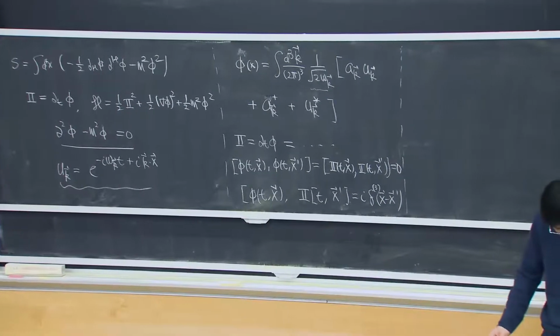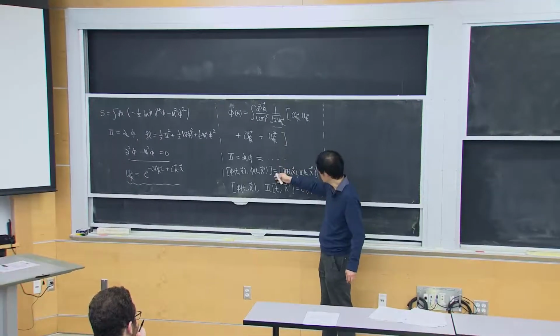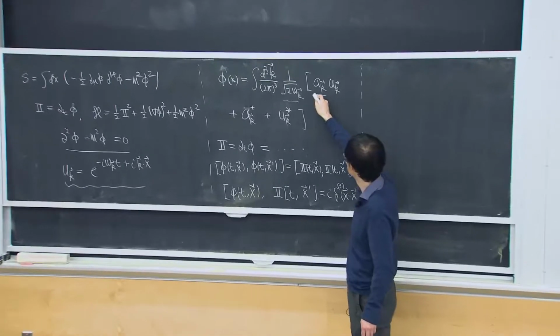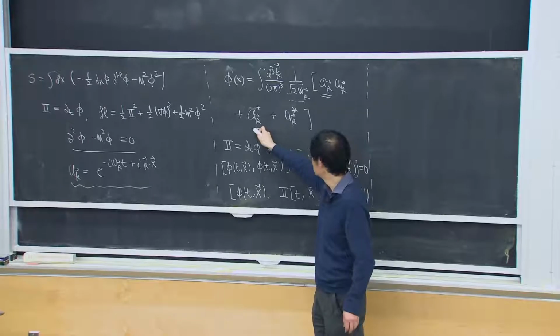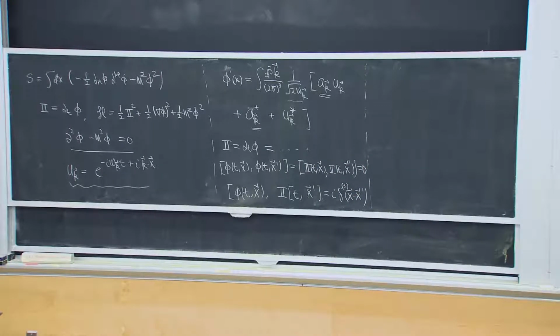and then you can just plug those expressions into here. Then you can find the commutation relations between those integration constants. So a_k and a_k dagger are integration constants of your operator equations. They're constant operators.